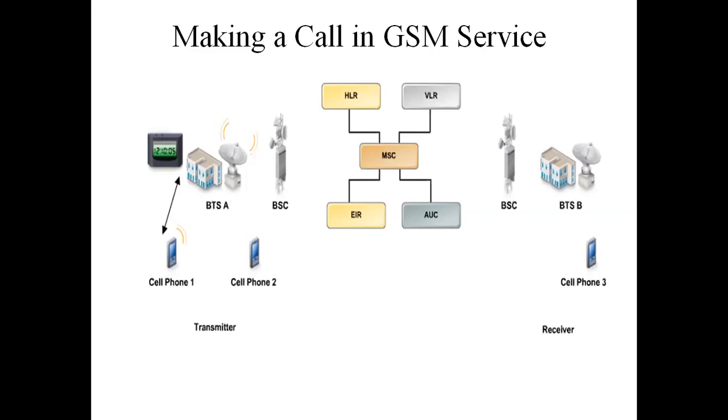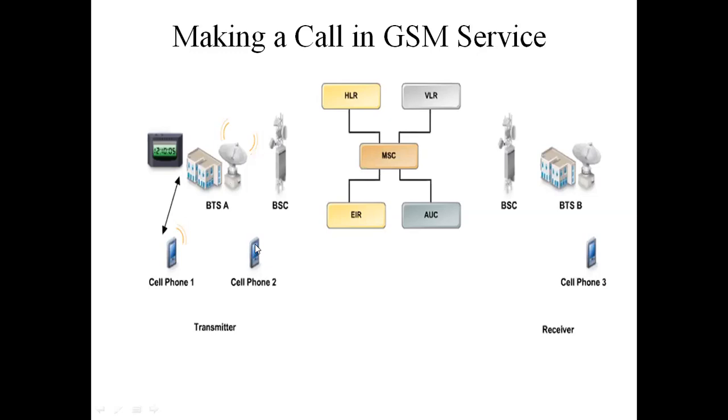Then the base transceiver station authenticates the cell phone and sends an acknowledgement to the particular cell phone. If cell phone 1 gets the chance, then it obviously sends the access to this particular cell phone. If cell phone 2 gets the chance, then the base transceiver station sends the access to that cell phone.